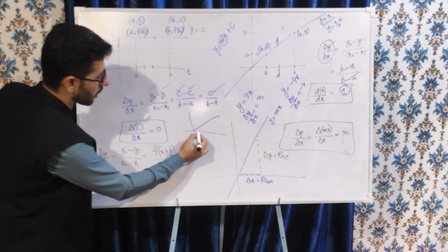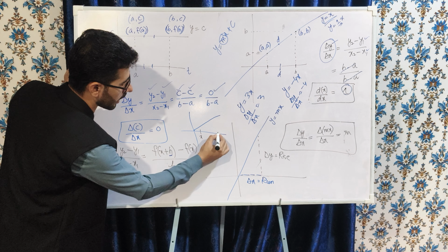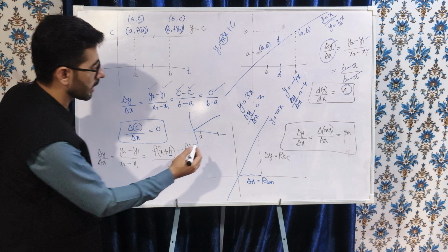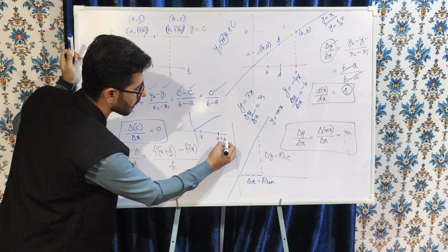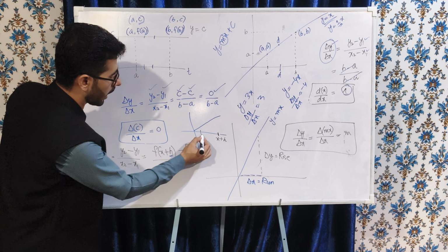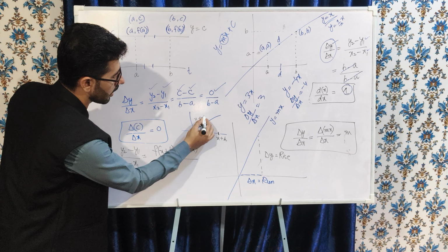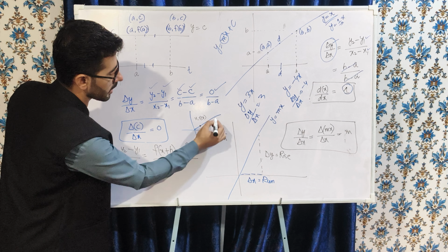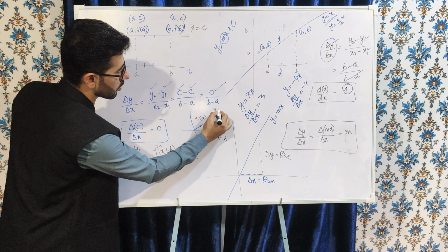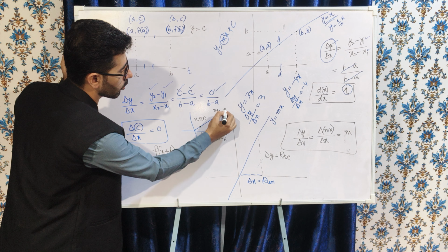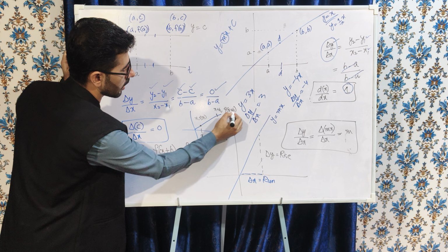So if this is my input x and I take a step ahead, the next input would be x plus h, right? So now my output at x is x comma f of x, and my output at x plus h has input x plus h and output f of x plus h, right?